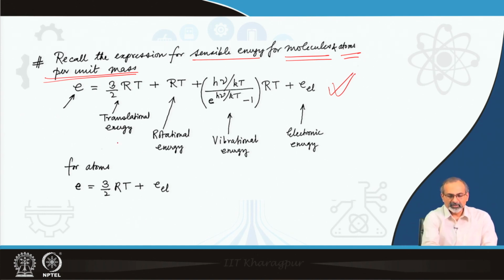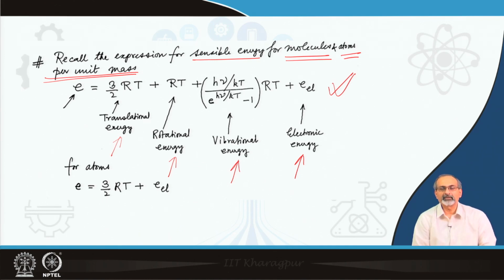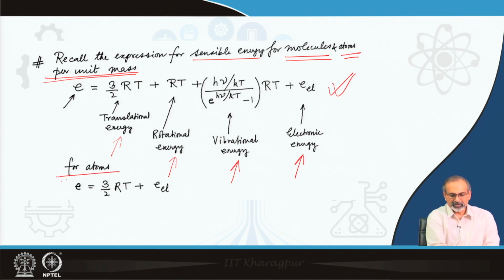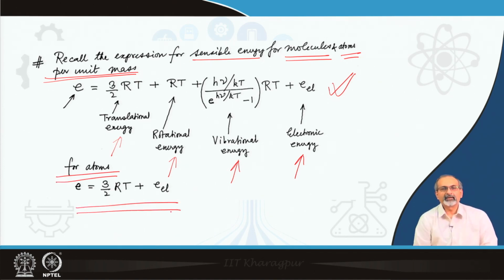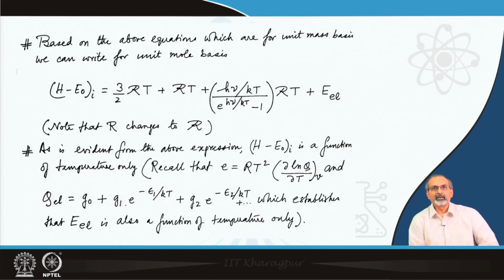So, we saw the contribution of different modes of energy in the total energy expression in terms of translational, rotational, vibrational and electronic. All 4 modes can potentially exist for molecules, and we discussed that only 2 at most can exist for atoms, namely the translational and the electronic.